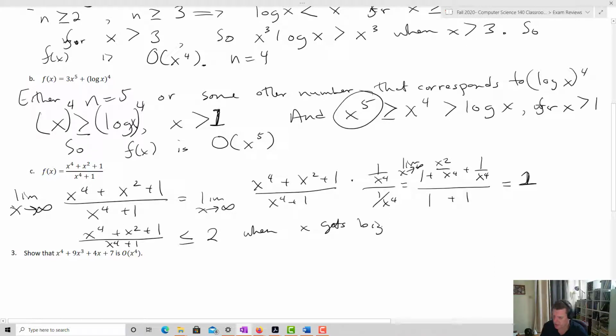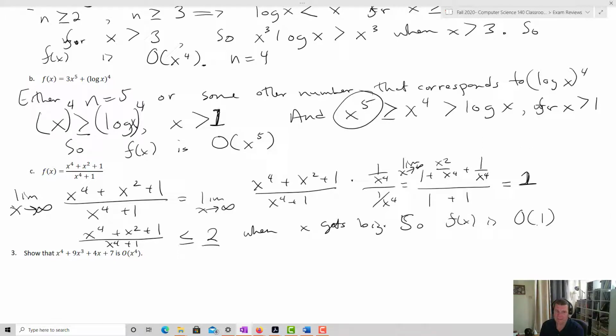Well, 2 is a constant function, okay? So, paradoxically, since 2 is a constant function, that means that our function f of x is O of 1, because it's going to be less than some other constant function, the constant function 2, as x gets really large.